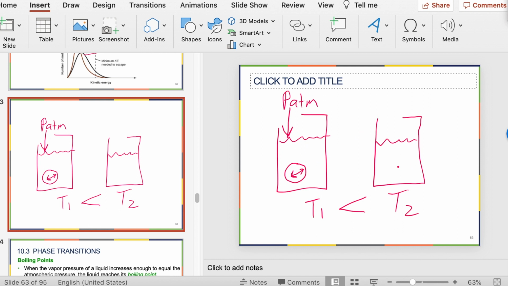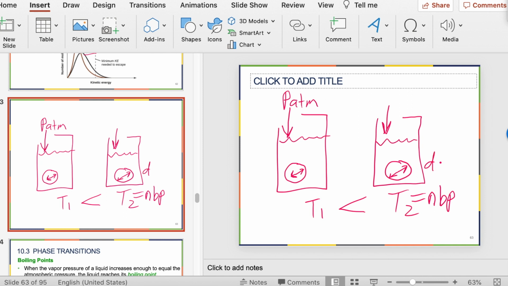Okay. Over here, this temperature is going to be equal to the normal boiling point. At the normal boiling point, this bubble is pushing just as hard as the atmosphere is pushing. The force per unit area, that's what pressure is, just as hard.